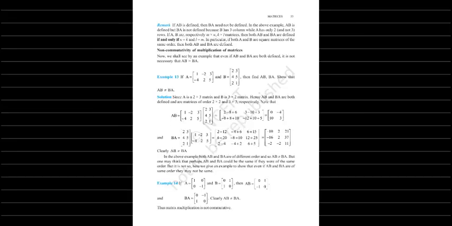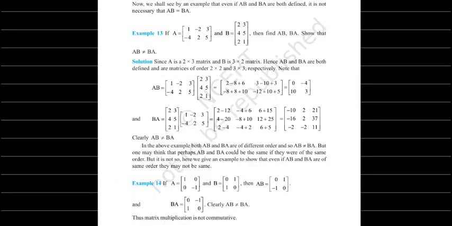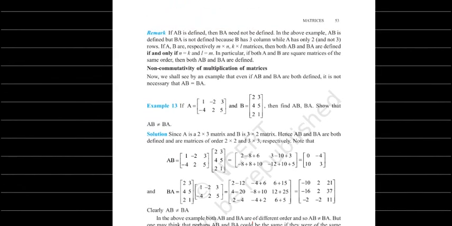Here they have given some kind of theory. We will see what this theory is. We will move forward again.